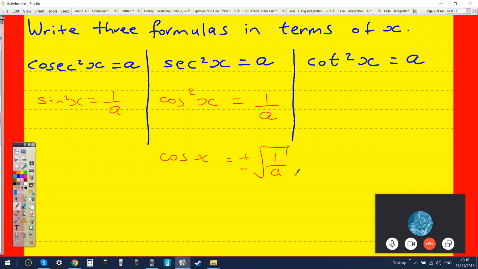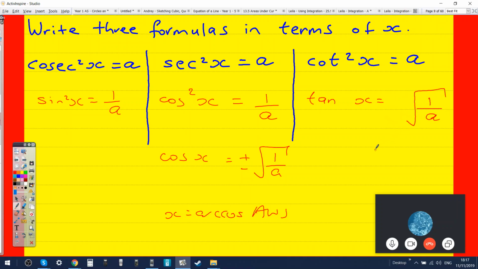Okay, one on the right. So that is tan x equals root 1 over a. Wait, you left it out again? Well, tan squared x, oh sorry, you did it in one. Equals 1 over a. Okay.